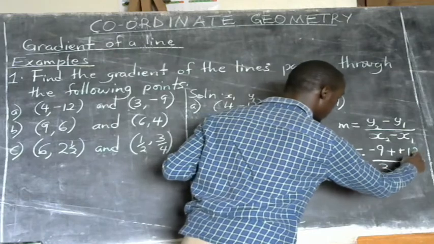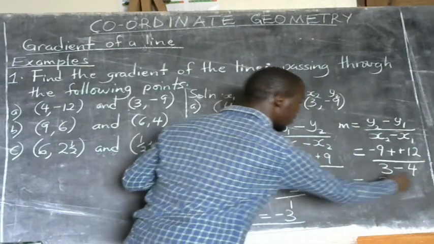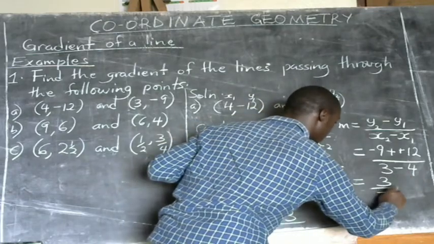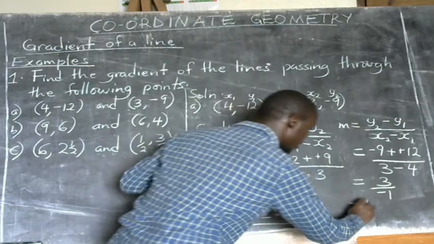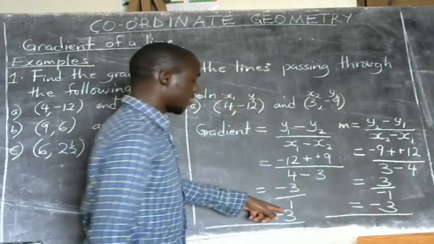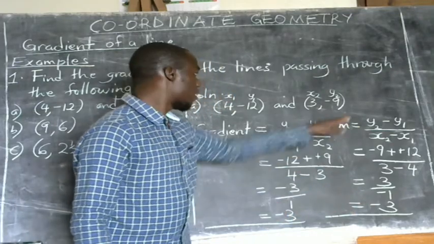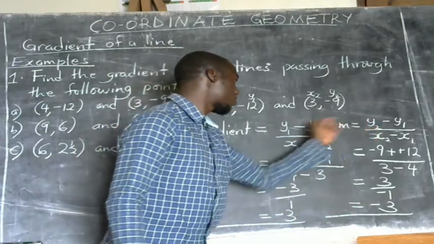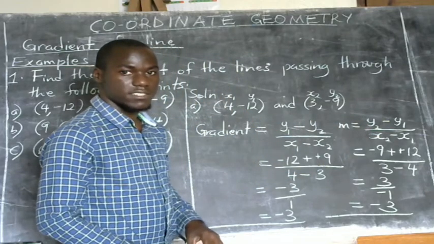Negative 9 plus 12, we get a positive 3. Then divide by the denominator. When I subtract, I have negative 1. So positive 3 divided by negative 1, I get the answer as negative 3. So you can see that we are all getting the same answer. Even if you interchange here, it doesn't matter, we shall be getting the same answer.